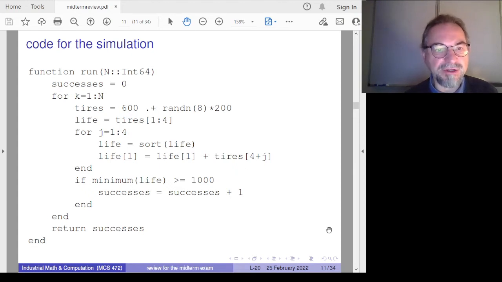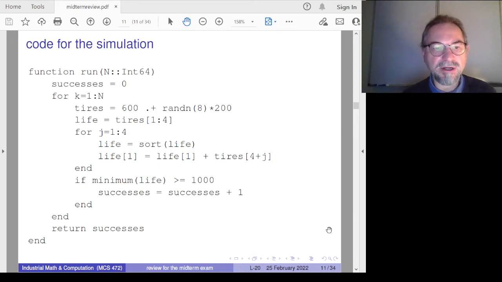if we can change tires. So we will sort the tires and always move the tire with the smallest lifespan. We exchange it, and we can do this 4 times. So we replace the tire with the shortest lifespan by the other tire.